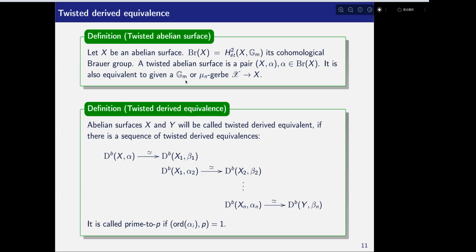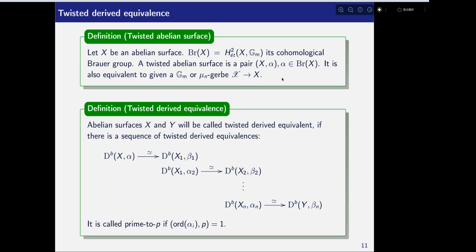It's also equivalent to giving a G_m-gerbe X' to X. Sometimes people will also use mu_n-gerbs. Then this is not the cohomology of G_m, but the second cohomology of mu_n. If you replace G_m by mu_n, then you get mu_n-gerbs.